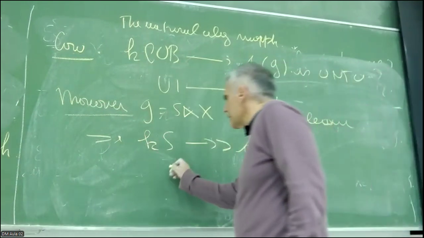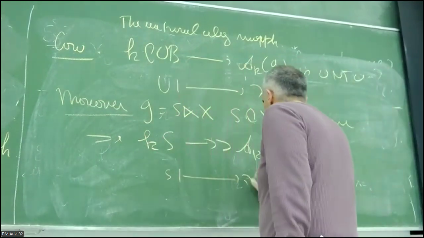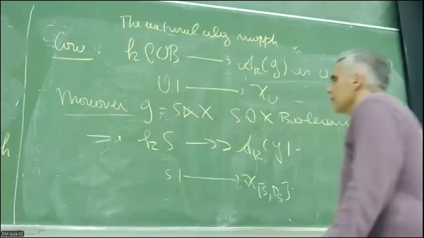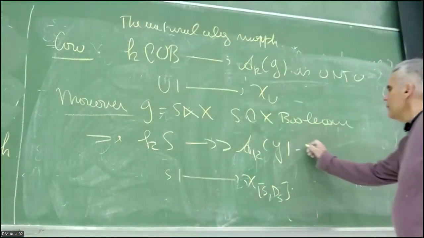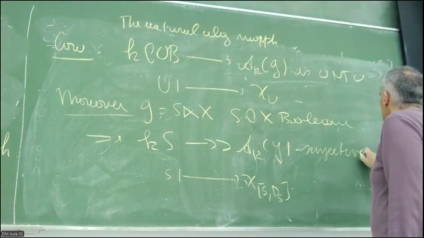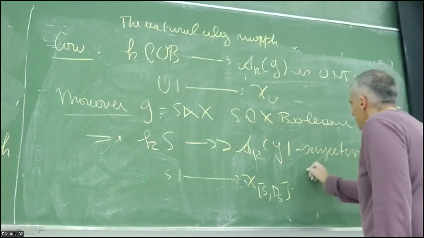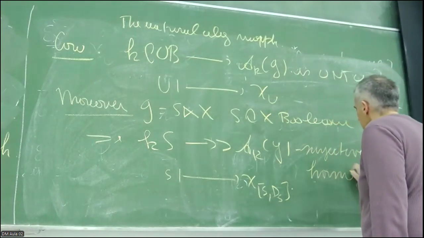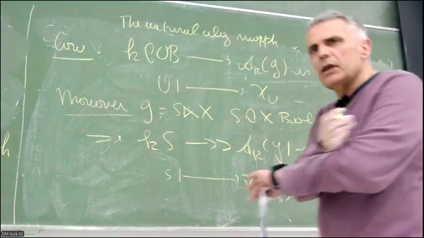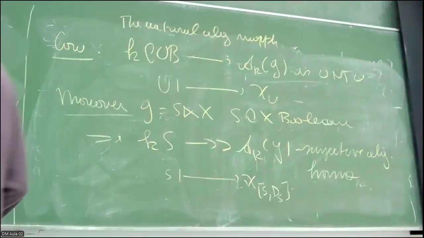And the map sends s to the characteristic function of the domain of s. This is an algebra homomorphism. Okay, that's all for today.